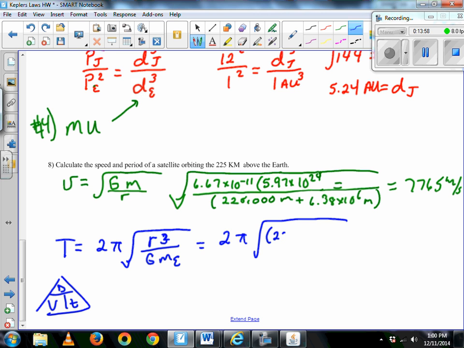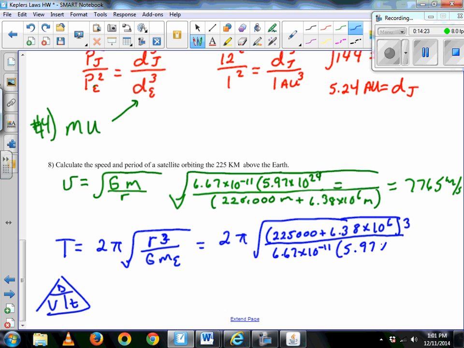So it's going to be 225,000 plus 6.38 times 10 to the 6th meters. That whole big thing cubed divided by big G, which is 6.67 times 10 to the negative 11, times the mass of the Earth, which is 5.97 times 10 to the 24th.